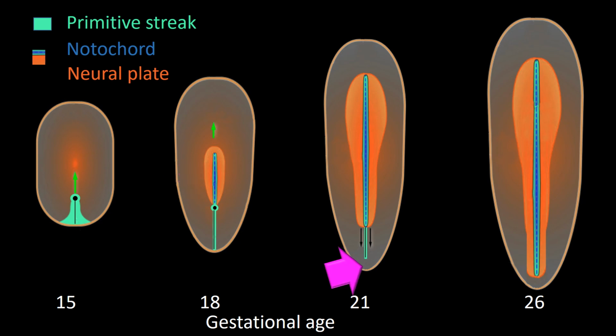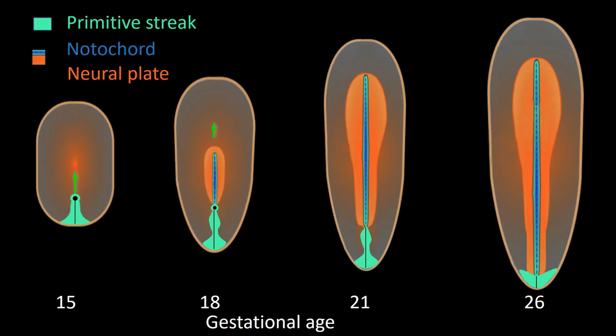Then the primitive streak loses its attachment to the caudal end of the embryo and shortens as if being pushed by the growth of the notochord and the neural plate. By day 26, the primitive streak is gone.